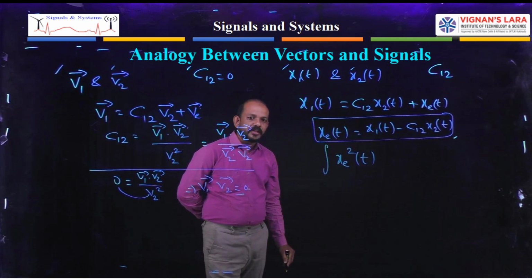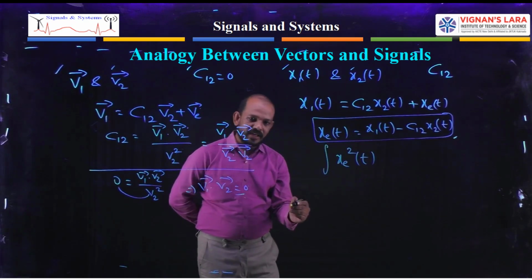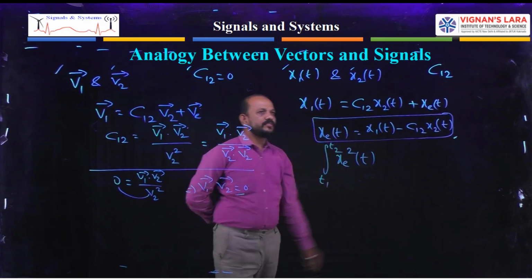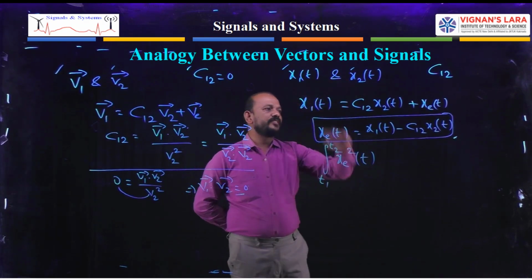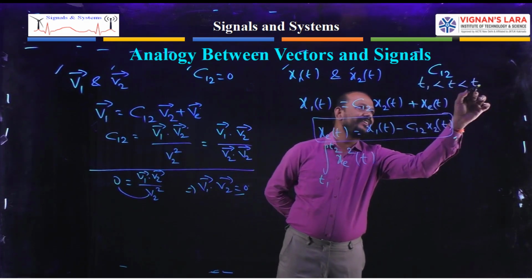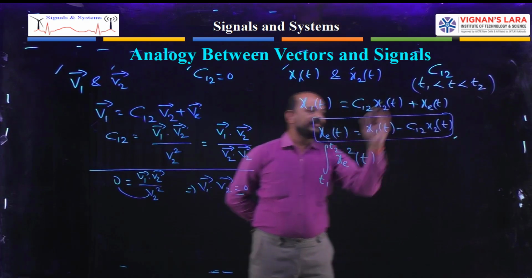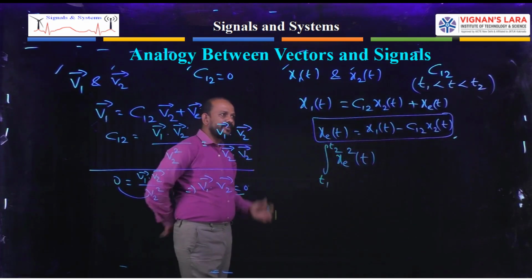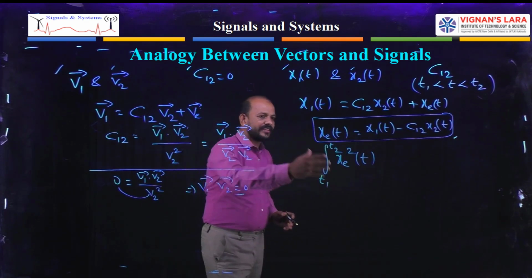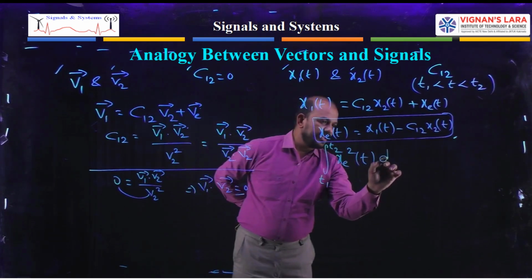So we have to go for integral limits t1 to t2. Consider these two signals are present over the interval t1 less than t less than t2. So I am taking the integral from t1 to t2 of x square of t dt.